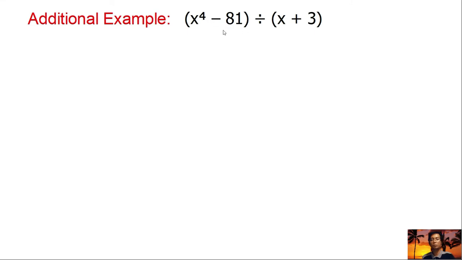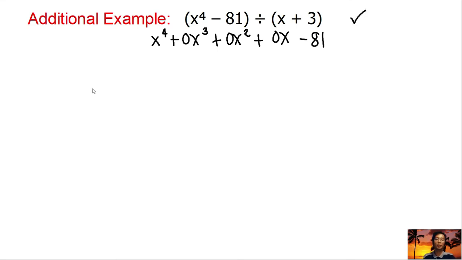So, susulat muna natin siya into x to the 4th plus 0x cubed plus 0x squared plus 0x minus 81. Si divisor naman natin is okay na, so x plus 3.